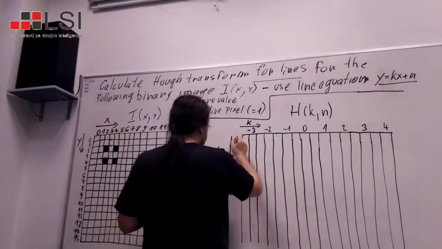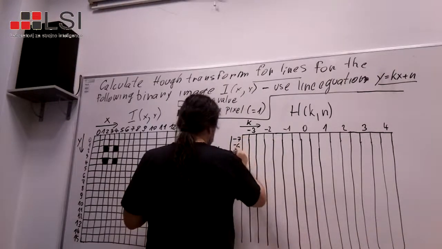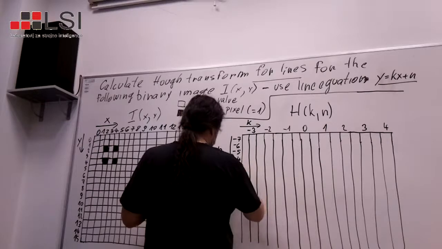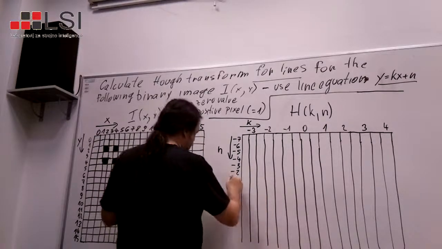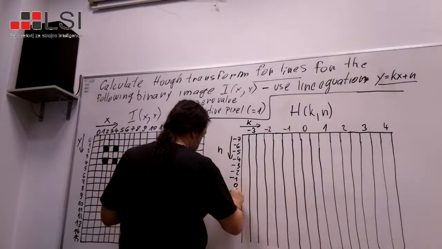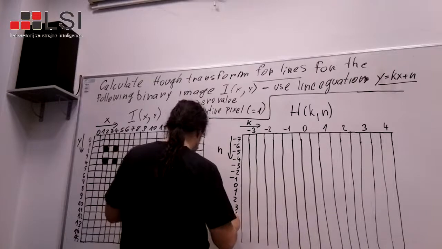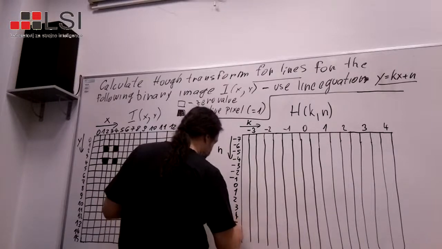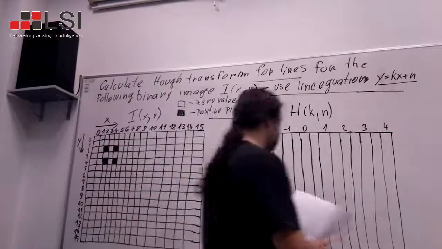So let's start here. The first value is -7, -6, -5, -4, -3, -2, -1, 0, 1, 2, 3, 4, 5, 6, 7, 8. Wow, that 8 does not fit on the image.